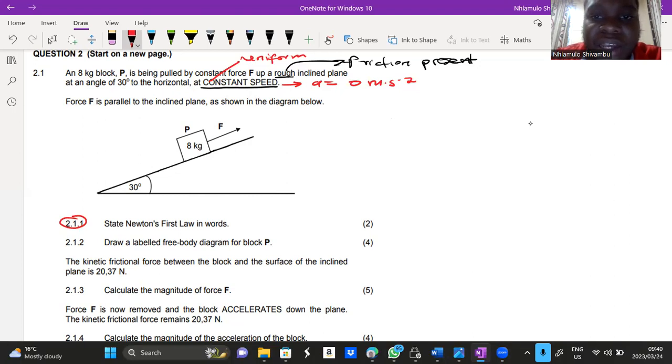So obviously we're going to start with the first law in words, for 2 marks.